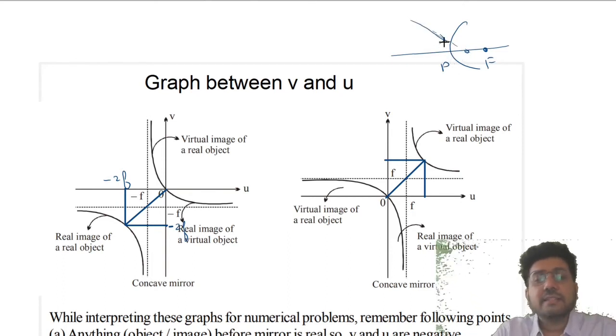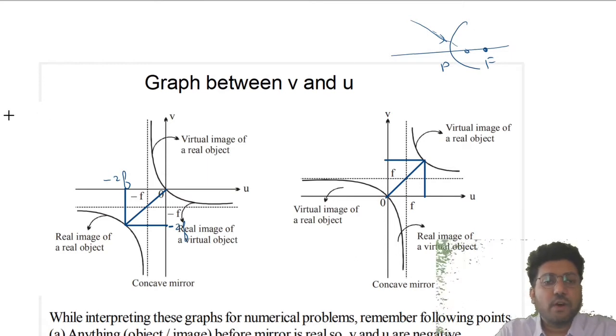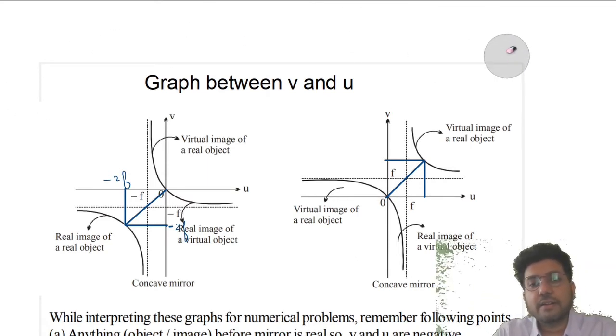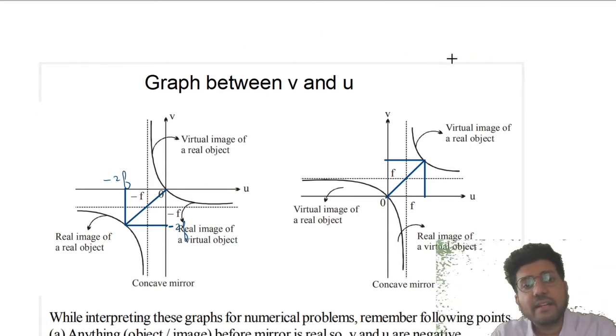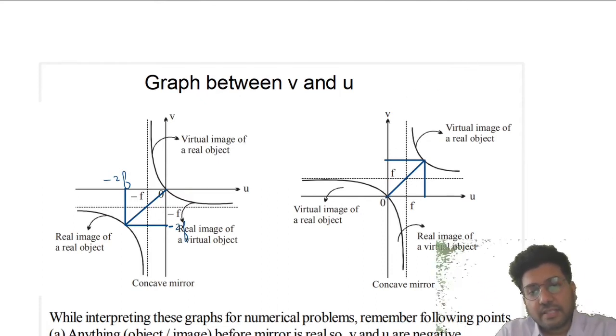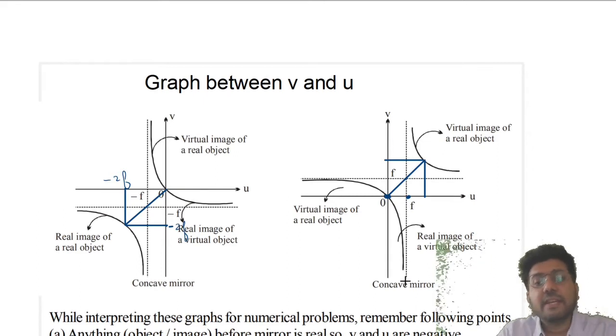In that case a real image is formed by a convex mirror. And that real image is magnified, and it is anywhere between pole and infinity. So here, when the object is between pole and focus, V becomes negative. Why? Because it is real, and it is anywhere between pole and infinity.